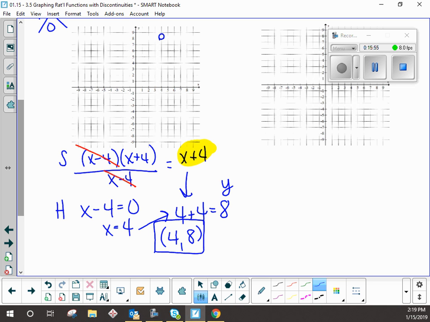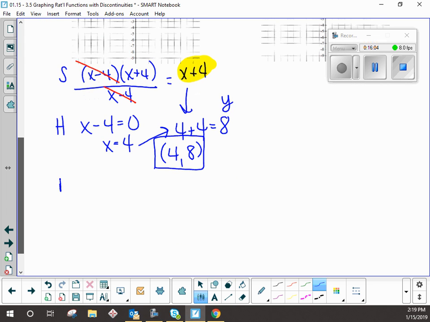What's the next letter for Shrady? R, that's for roots. That's your x-intercept. It's where it crosses the x-axis. Normally we set the numerator equal to 0, but I no longer have a numerator. I just have x plus 4. So I'm going to set that equal to 0. I'm still using the simplified form. So x equals -4 for the roots.